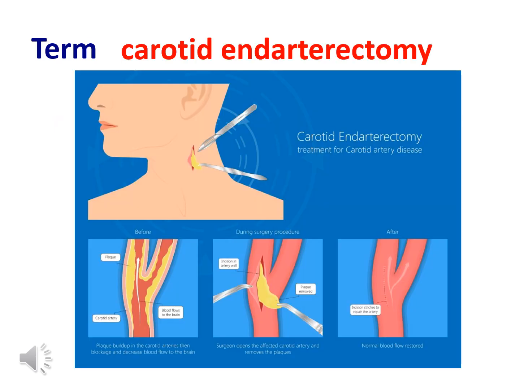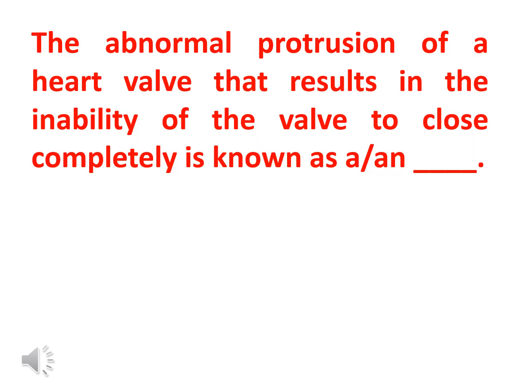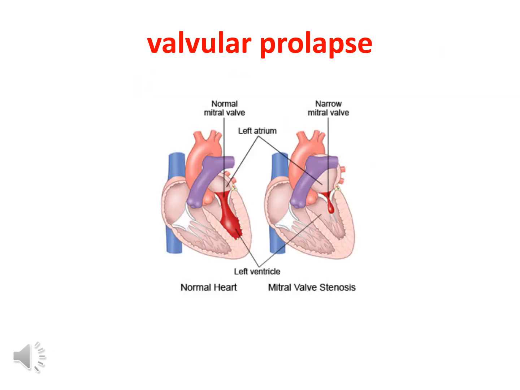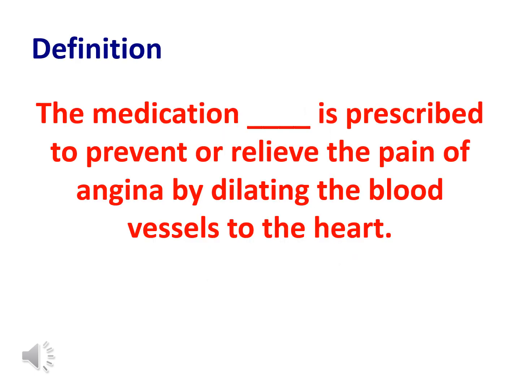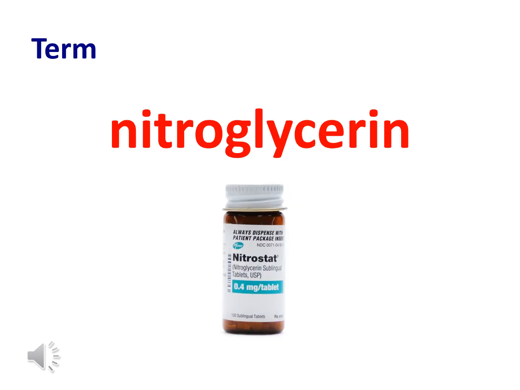That procedure is called carotid endarterectomy. The abnormal protrusion of a heart valve that results in the inability of the valve to close completely is known as what? It's known as valvular prolapse. The medication that is prescribed to prevent or relieve the pain of angina by dilating the blood vessels to the heart is nitroglycerin.